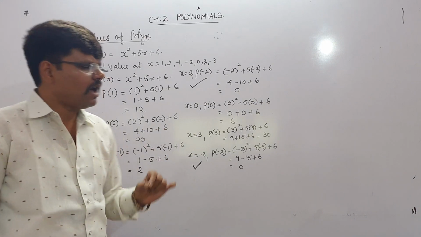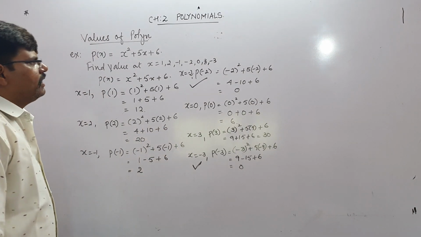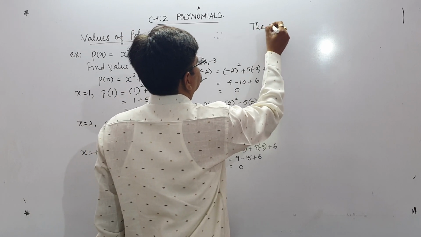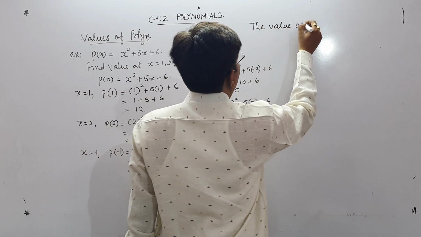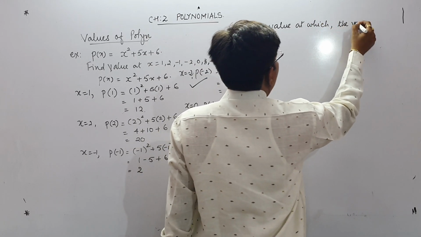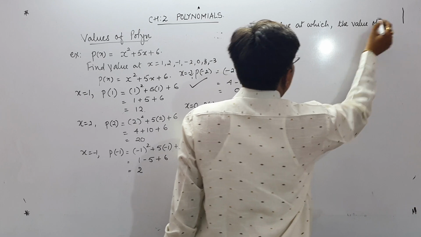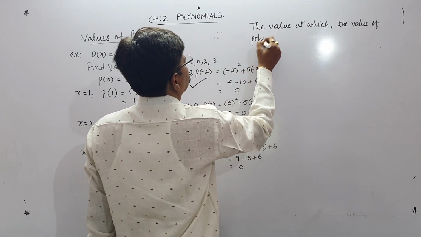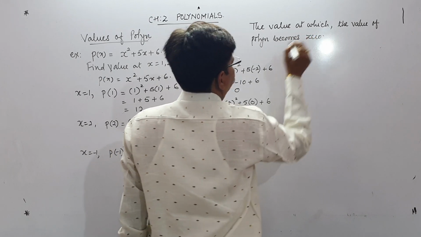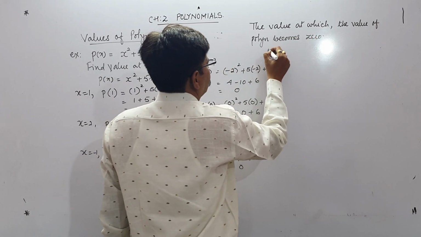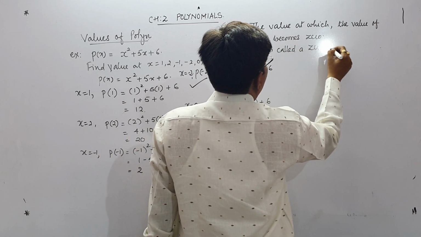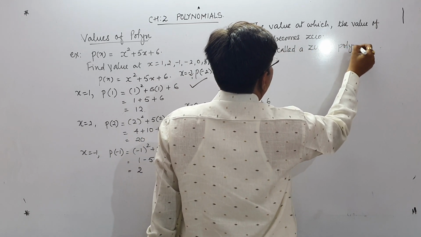So, I repeat, the value at which the value of the polynomial becomes 0 is called a zero of the polynomial.